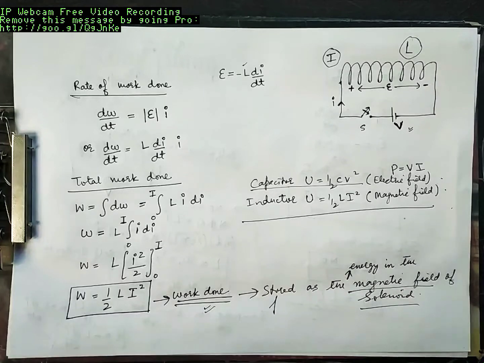So in the last couple of lectures, we have discussed the concept of inductance in general. Then we discussed self-inductance and mutual inductance. We derived an expression of mutual inductance for a simple case, and we concluded that mutual inductance as well as self-inductance are independent of current or voltage.